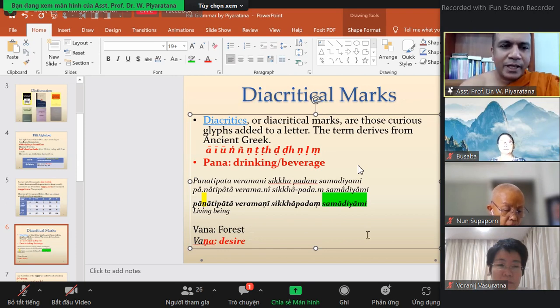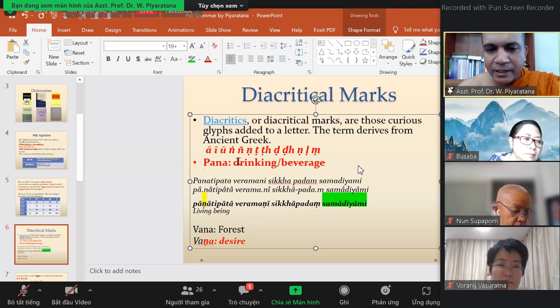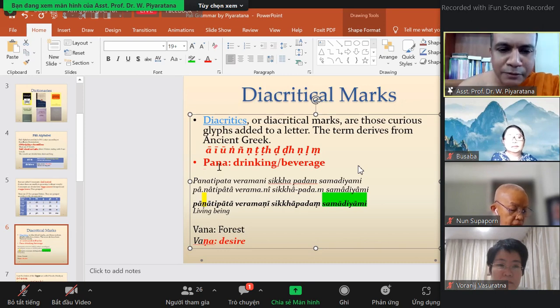So please try to remember, as I said, these two different words, pana and pana: when you pronounce them, the words are exactly the same, but they have different meanings. That difference is made by the diacritical marks.